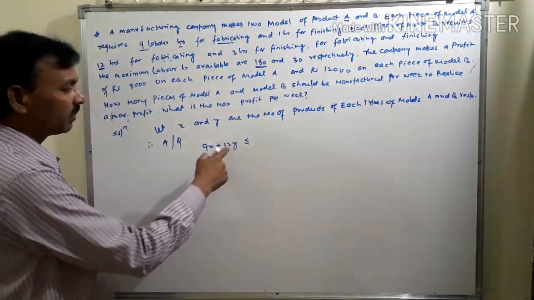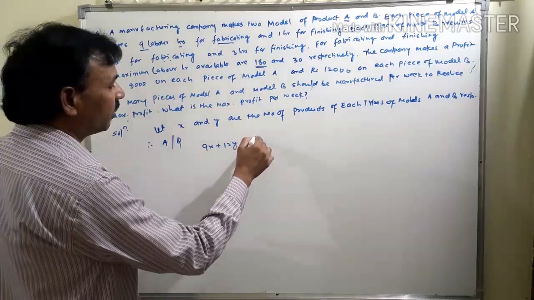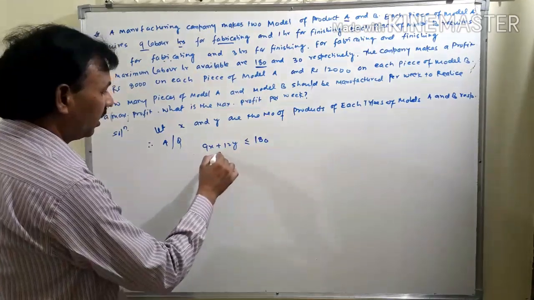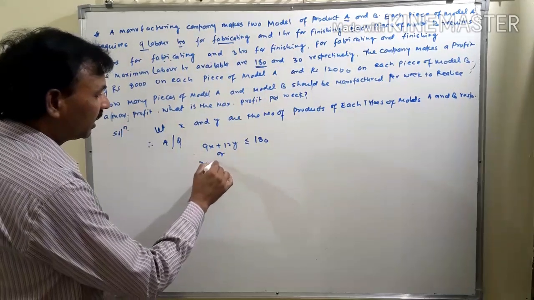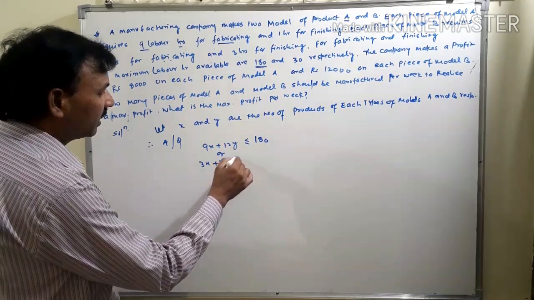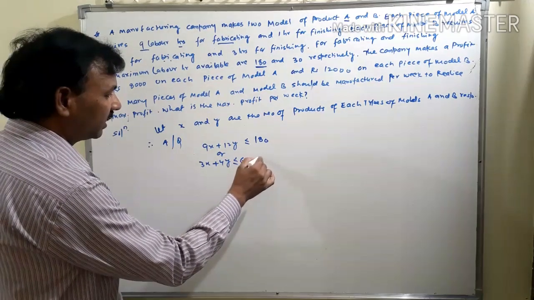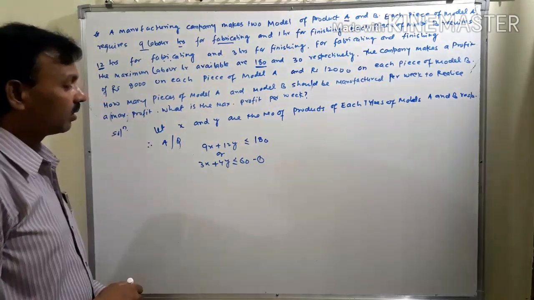That means 9x plus 12y is less than or equal to 180. If we divide it by 3, this will be 3x plus 4y less than or equal to 60. This is the first constraint.